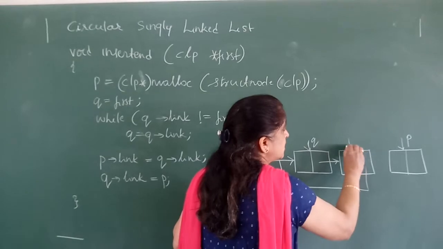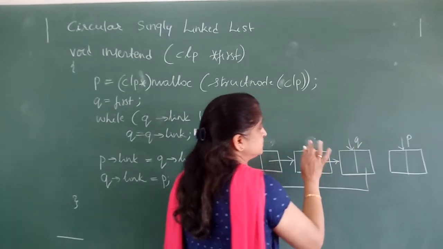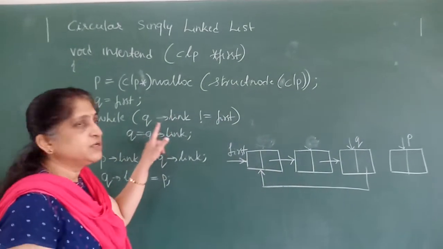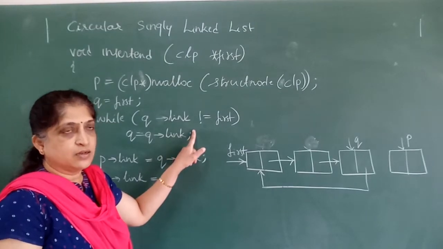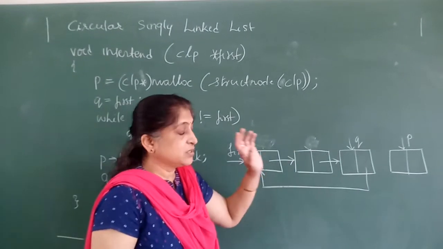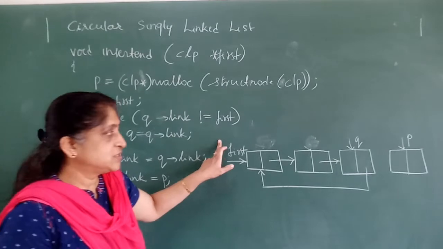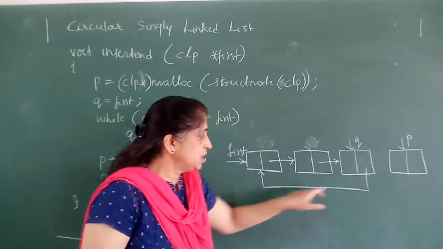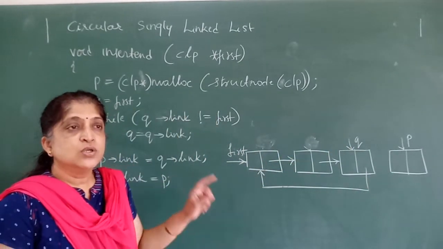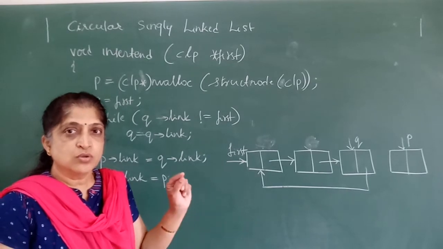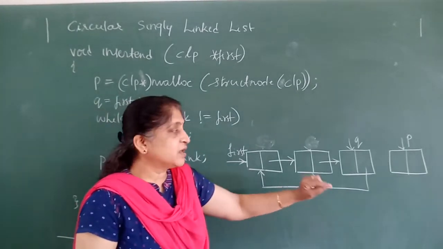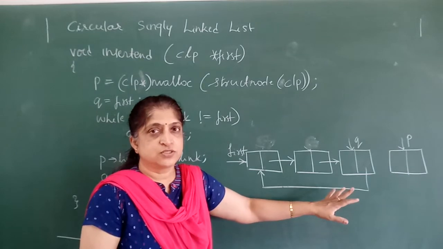So Q will now start pointing to this node. Then check the condition, Q link is not equal to first. Now Q link is equal to first. That means you have got a pointer Q which is pointing to the current last node in the list.